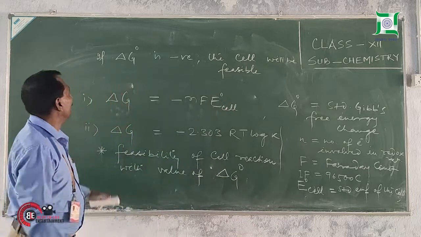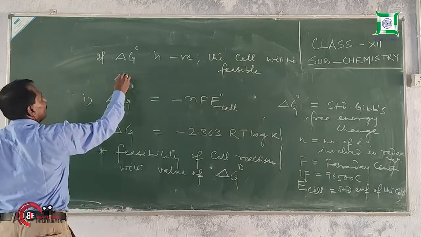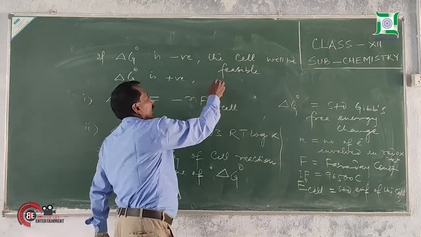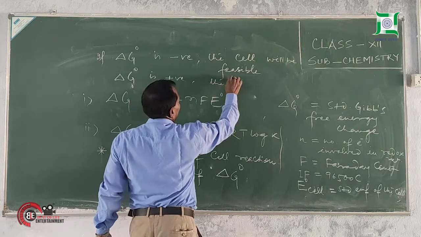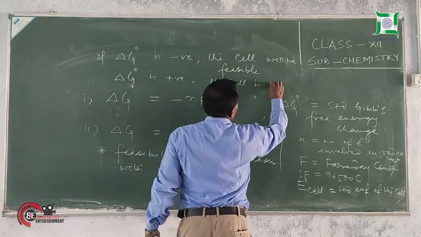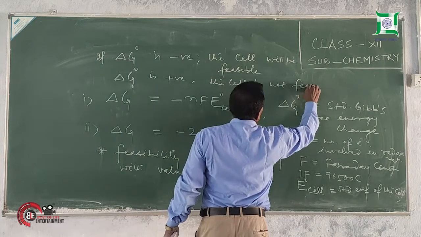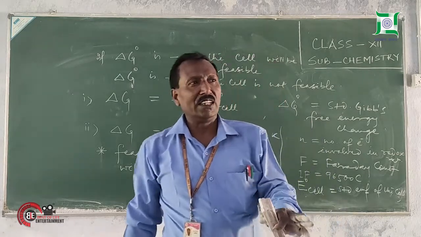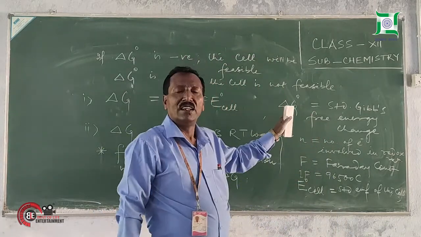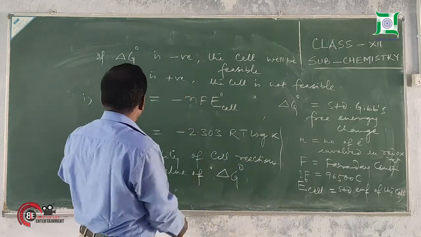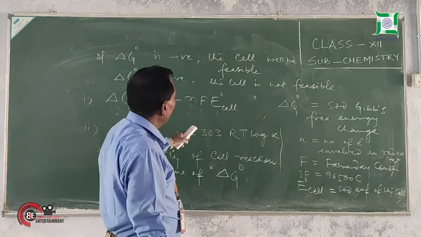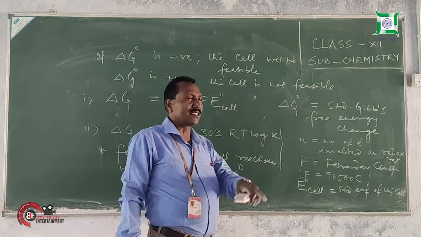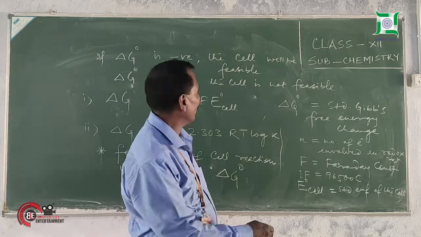And conversely, if it comes out positive, the cell is not feasible. This to some extent we have already studied in class 11 in thermodynamics. So here also we can apply this to check whether the given cell is feasible or not feasible.